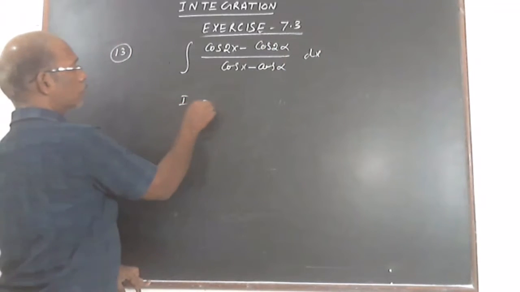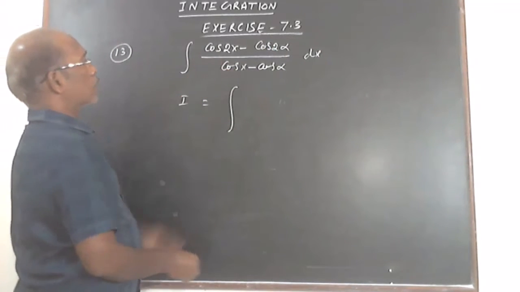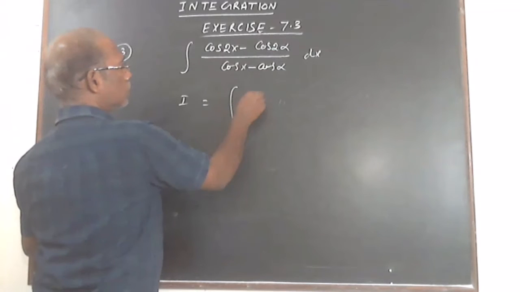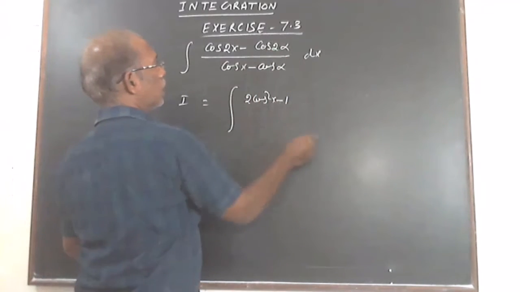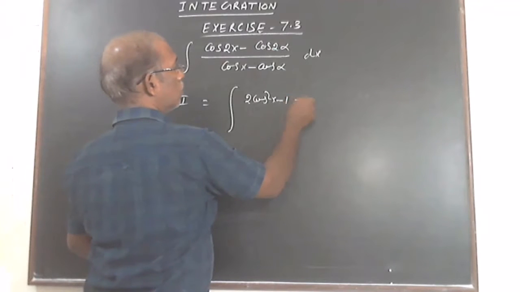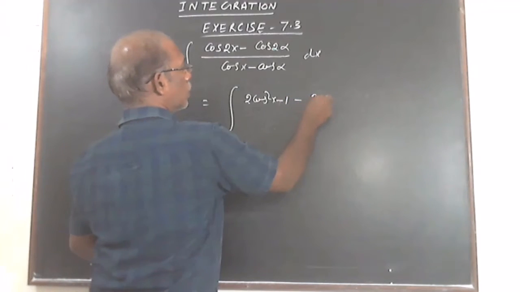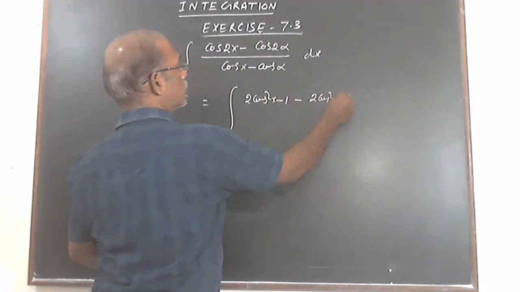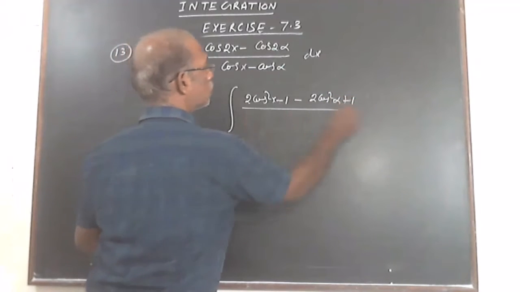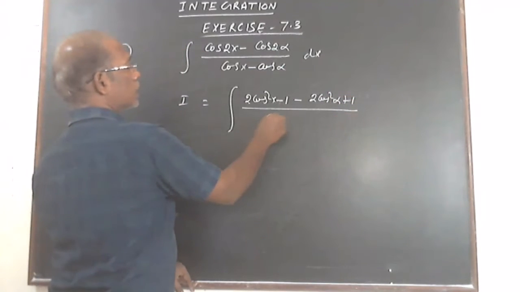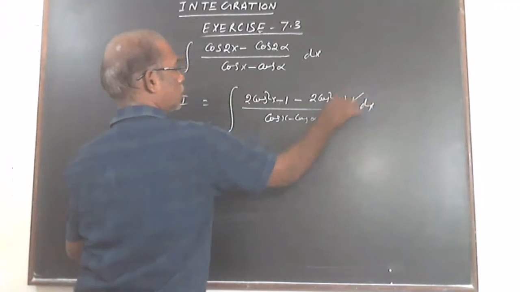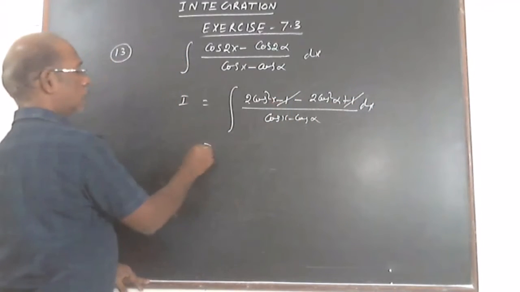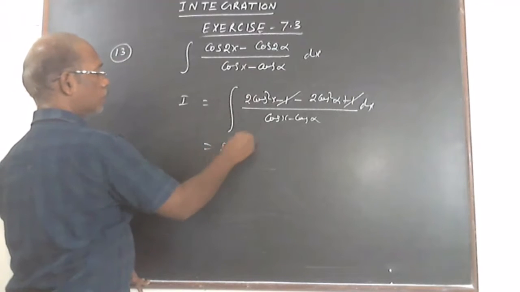I equals integral of cos 2x, which is 2 cos square x minus 1, minus cos 2 alpha, which is 2 cos square alpha minus 1, divided by cos x minus cos alpha, dx. So plus 1 minus 1 cancel. We can take 2 outside.